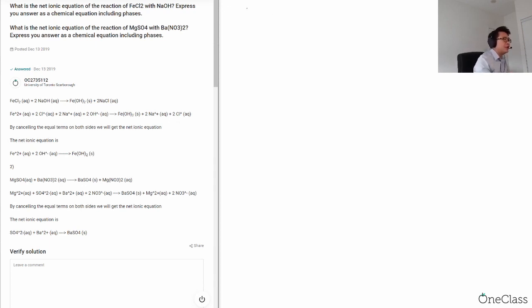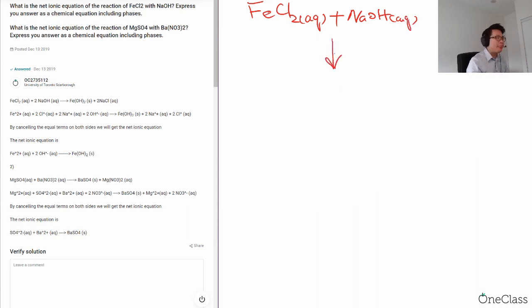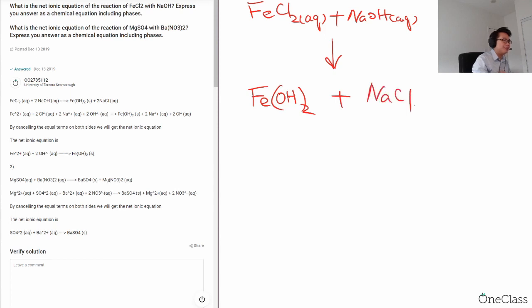First of all, we have iron chloride, aqueous, and then we have sodium hydroxide, also aqueous. I'm going to write it vertically because I'm running out of space. For this reaction, we have a double displacement reaction, so we should expect the partners to swap, and then we will have sodium chloride.